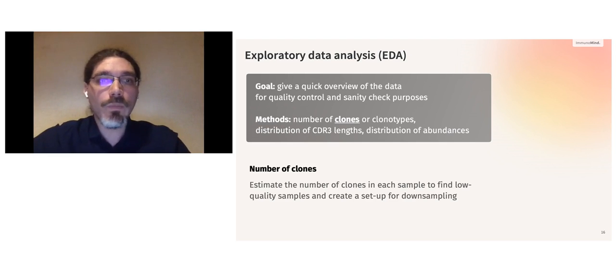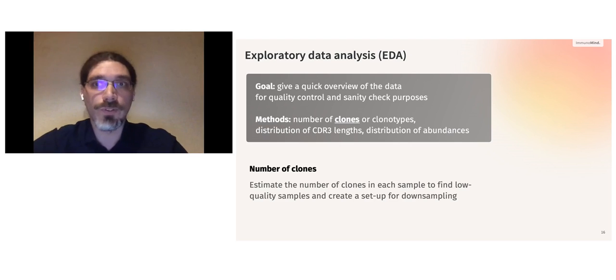Let's start with the very first steps you should do after uploading your data. So, exploratory data analysis. The goal of exploratory data analysis is to give you a very quick overview of your data for quality control and sanity check purposes.